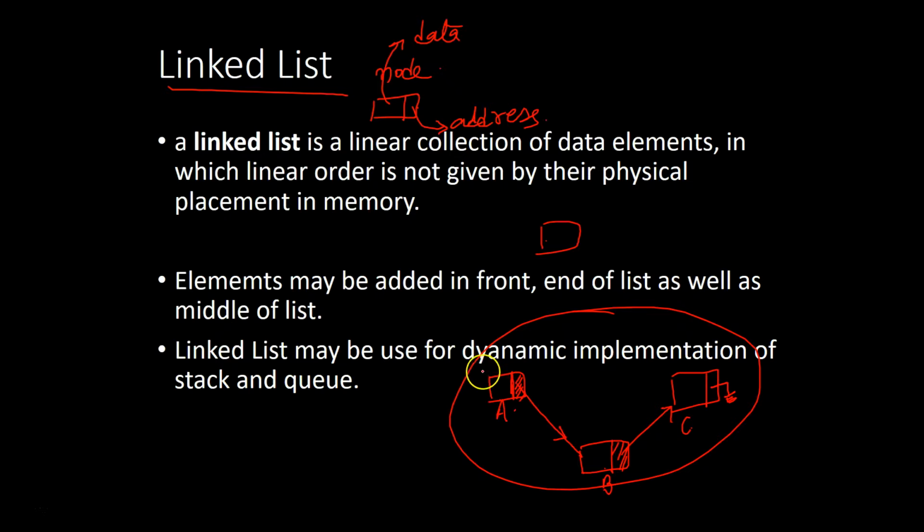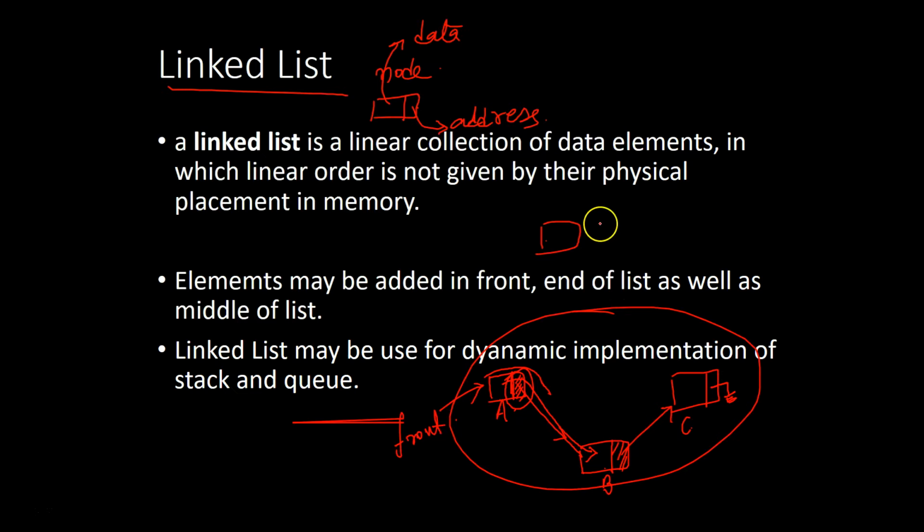If I want to reach element C and I have the information of the front of this linked list, then I must traverse, and I can reach node B by accessing the address in node A. This is just a simple mechanism to help you understand how a linked list is stored in computer memory.